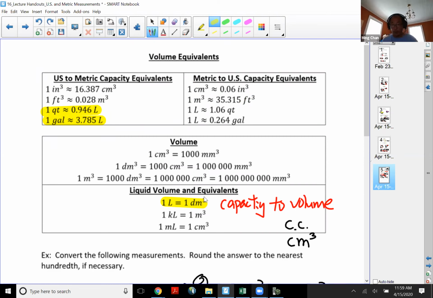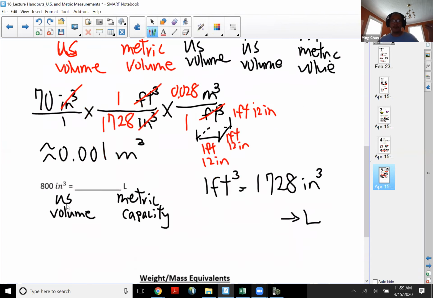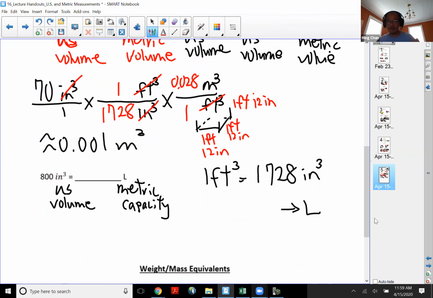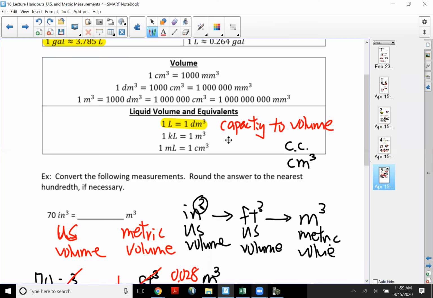Oh no. Is it because it's more accurate? Oh no, it's right here. I need to make a jump. You remember I need to jump from volume to capacity, right? And the only place I can jump is probably right here, because right here it's telling me these ratios between what? Capacity to volume.